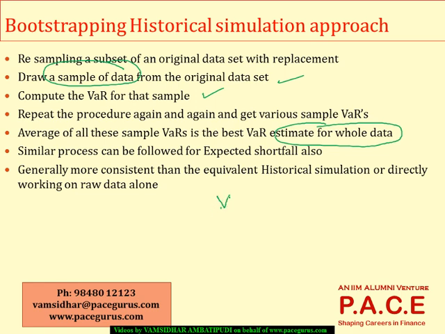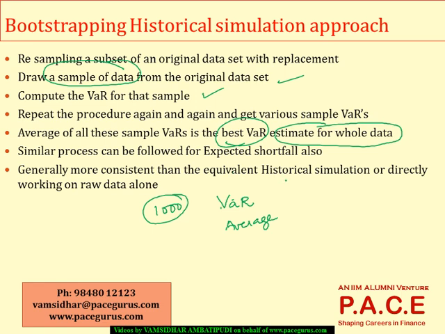First compute the VaR for each experiment separately and repeat it, let's say 1000 or 10,000 times. Simply take an average of all those VaRs, and that is the best estimate 1% VaR for our data.